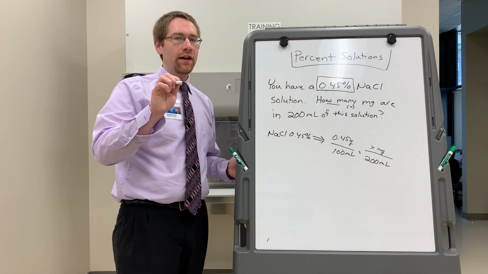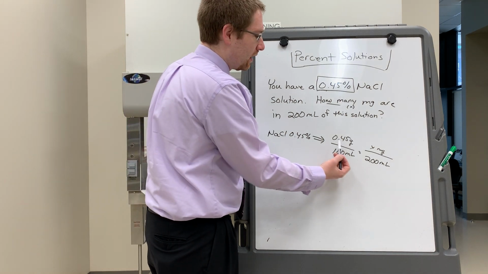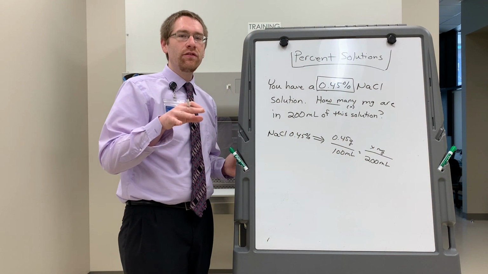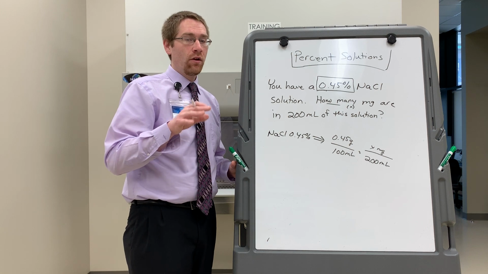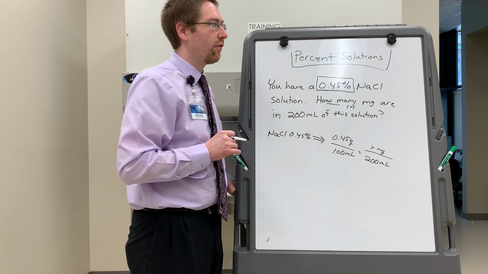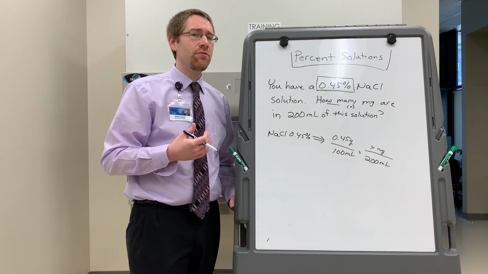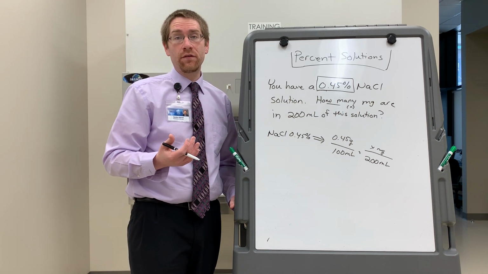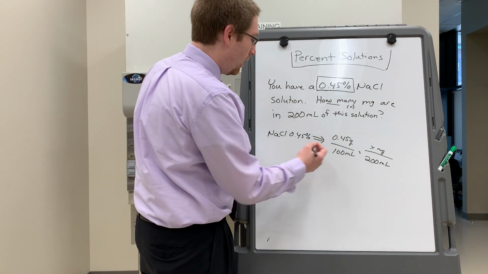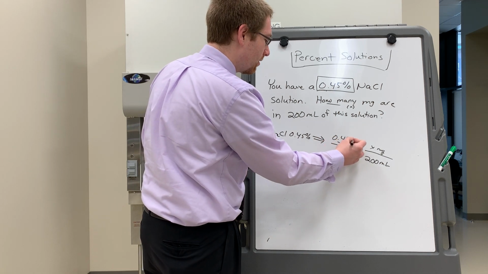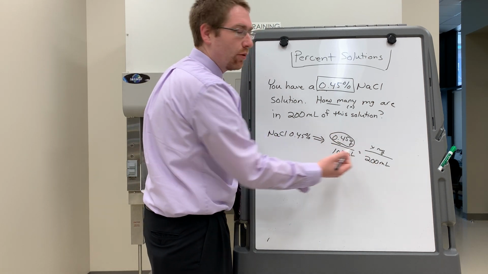So what we are going to have to do is turn this concentration into the equivalent milligram form when I'm given 0.45 grams. To do that, you use the same methodology we used in our Introduction to Measurement Conversions module. In essence, I need to convert this into the equivalent milligram.